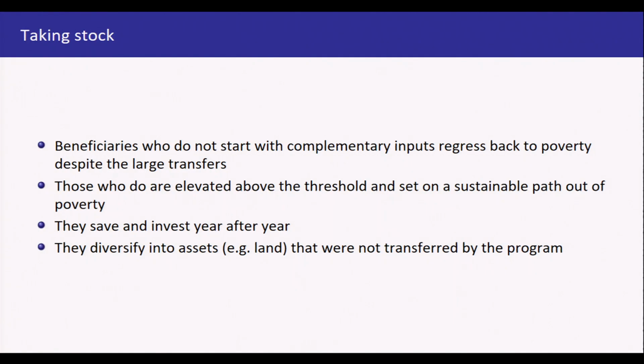So what do we learn? Well, if we take stock, what we learn is that beneficiaries who do not start with these complementary inputs regress back to poverty despite the large transfers. Those who do go past the threshold are set on a sustainable path out of poverty. What we haven't shown you here, but we show you in an earlier paper, is that they don't eat all the extra income that they get.